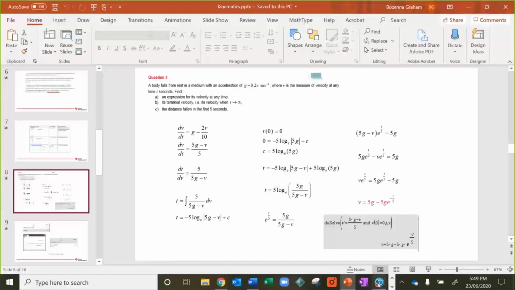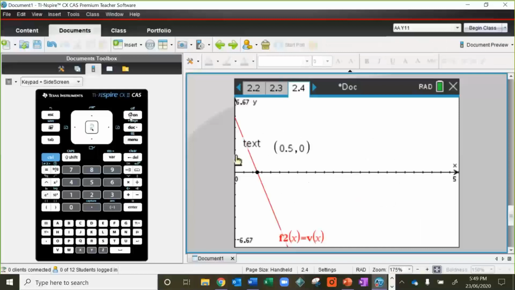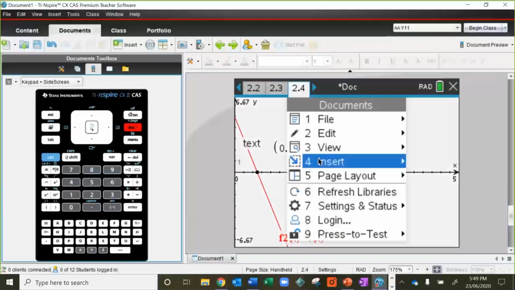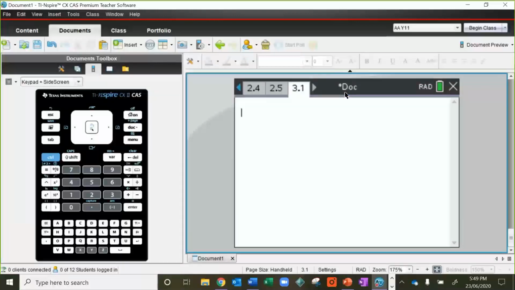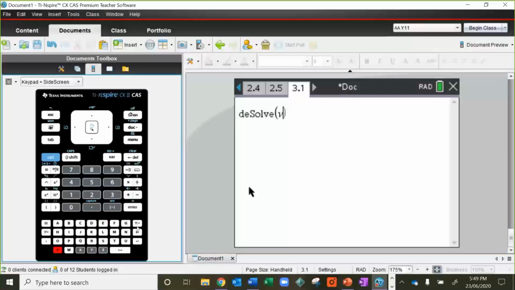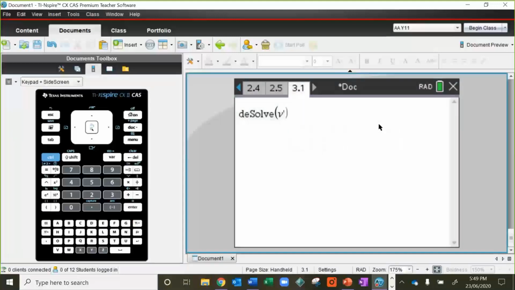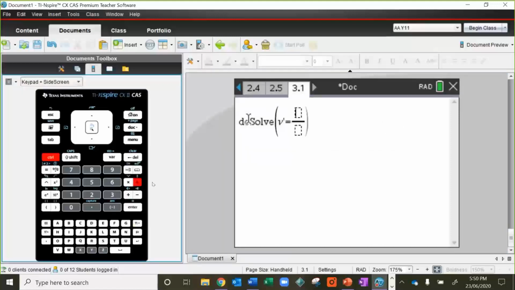We'll go back to the calculator, and I will get a new problem. Using dsolve again, this time I will type v dash, that's acceleration, v dash is equal to, and I will put a fraction here, 5g, so we can use symbols, minus v over 5.